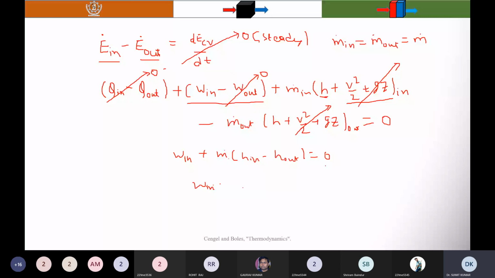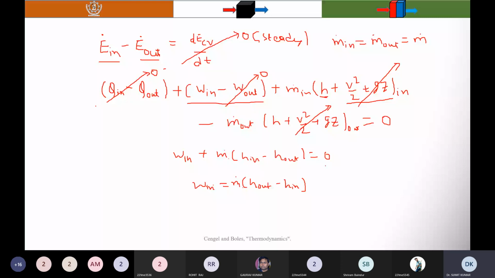If suppose there is heat transferred from the surroundings to the compressor, then the term Q in will be there, because you are supplying the heat. So in this way, you should decide which terms become zero.